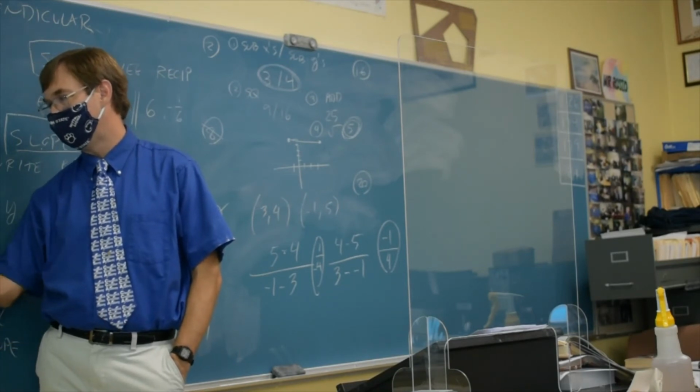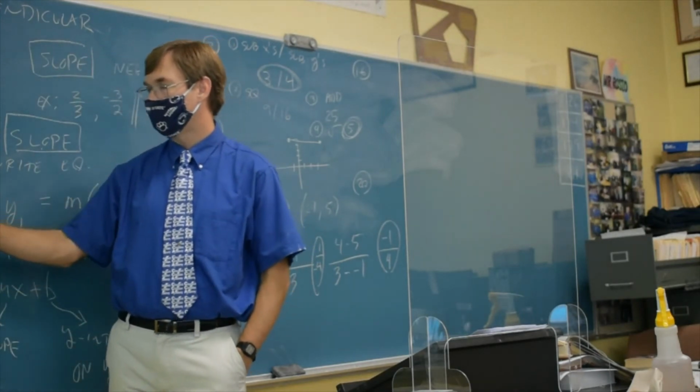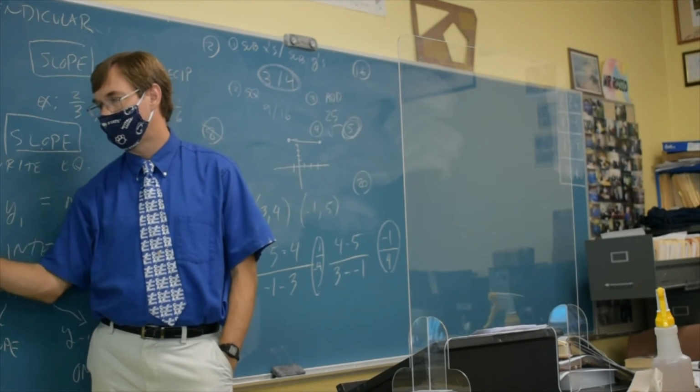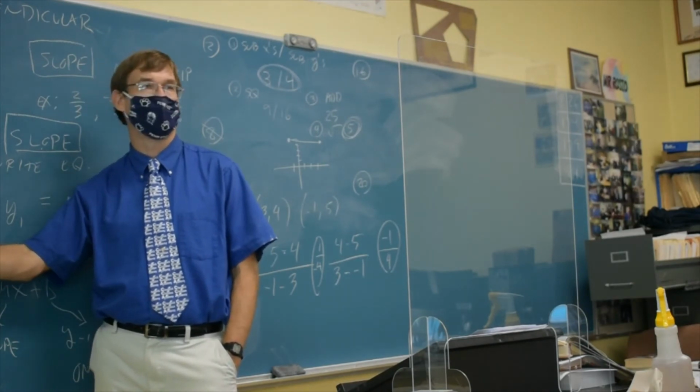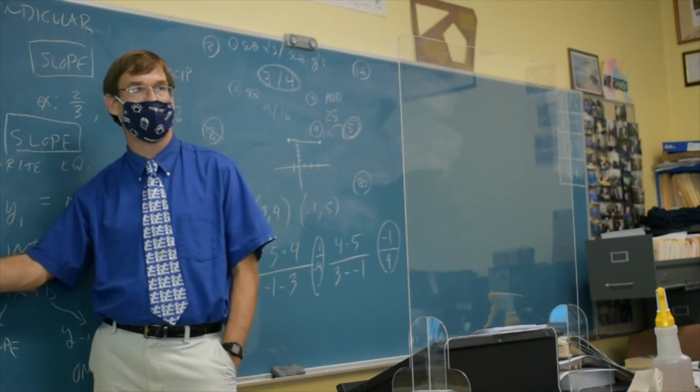Any vertical line has something in common about its equation. Any horizontal line had something in common about its equation, but they were different from each other. Is any of that ringing a bell for anybody?